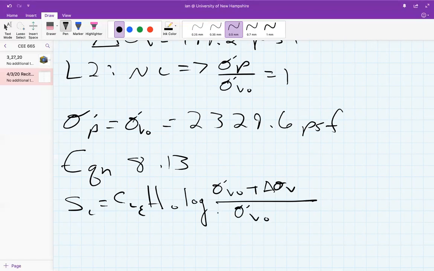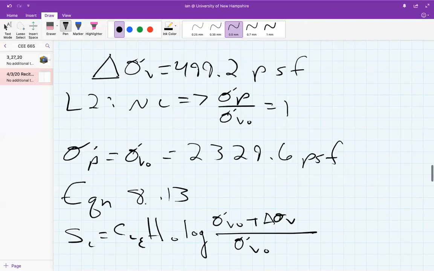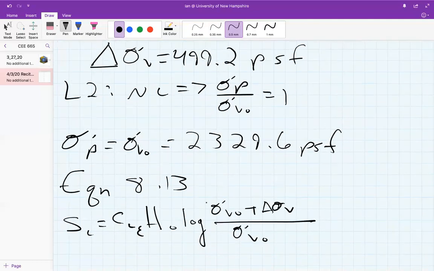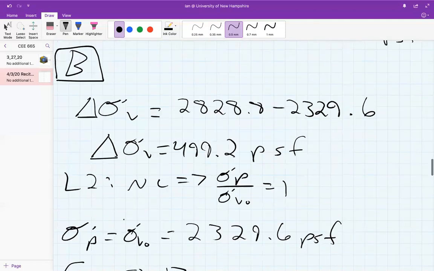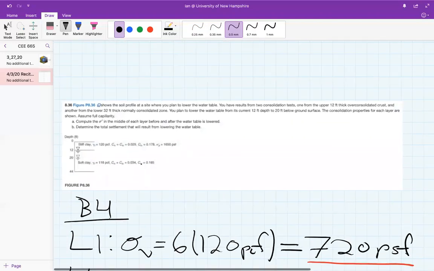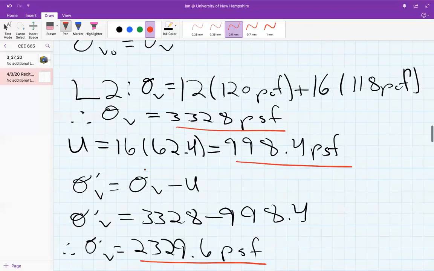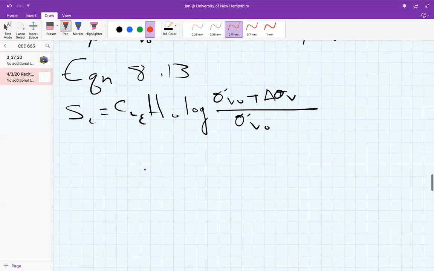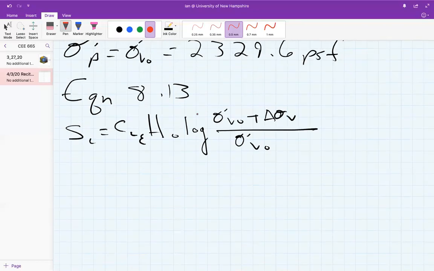So we have this, and we know that this is going to be the 32 feet because that's what we need to assess. We were given this value from the figure up here. So I'm going to scroll back up a little bit. So we were given this, change it to red. So we were given this value. And then from everything else that we've determined so far, we know these pressures and that change in pressure.